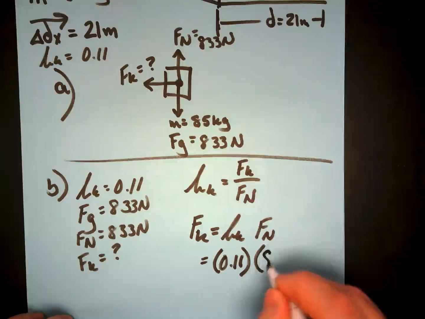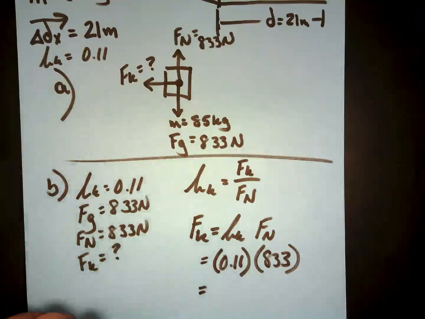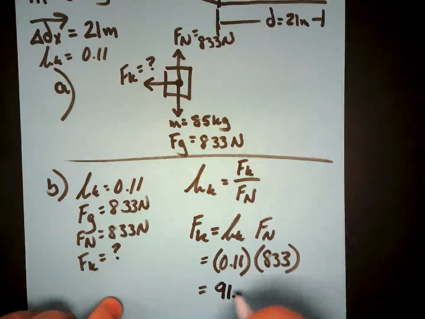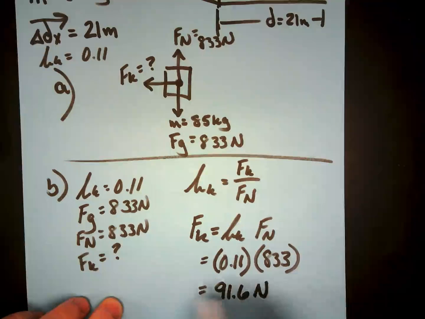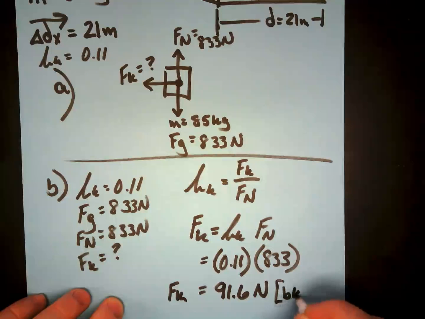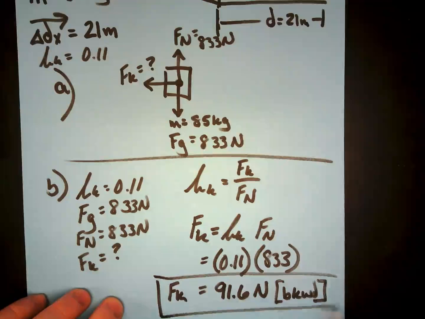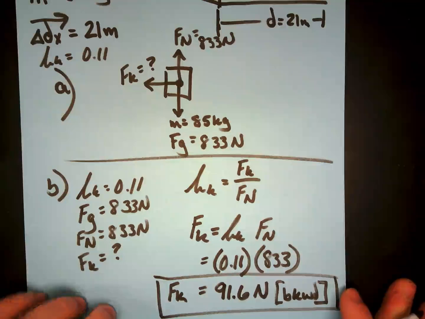Normal force is 833. And what we should get here is 91.6 newtons backwards for this answer. Okay, and that's B.